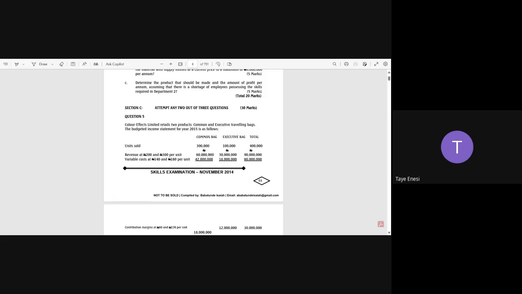Look at the question now. It is 200 naira for common bags and 300 naira for executive bags.